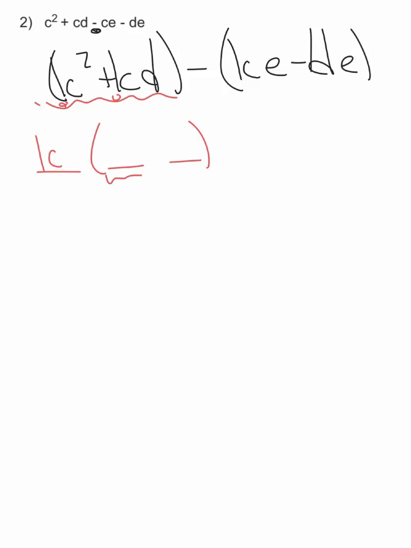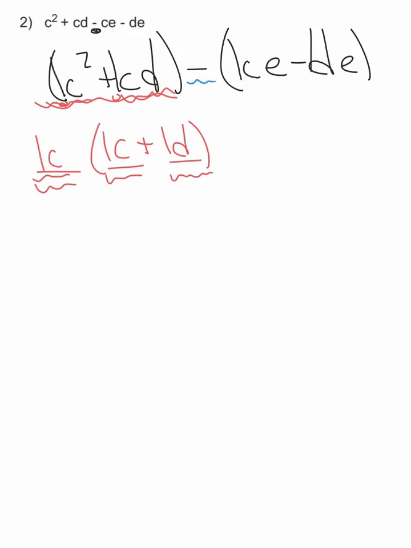So first blank, so first term, 1c squared divided by a greatest common factor of 1c. So 1 divided by 1 is 1. Subtract the c's, c squared minus just a plain c would give us plain c. Then we'll go to the second term, so second term divided by the greatest common factor. So 1 divided by 1 will give us 1 again, and that's a positive, so I'm going to put a plus. The c's cancel out, and we would still have a d left.